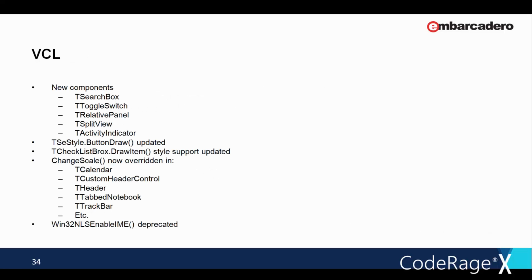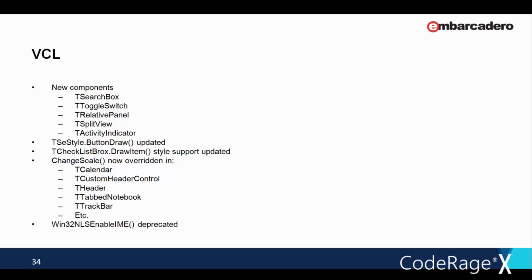For the VCL itself, there are new components that Serena DuPont spoke about in the deep dive. So that was one of the sessions on the deep dive. Search box, toggle switch, relative panel, split view, and activity indicator. The button draw method has been updated. Checklist box draw item style support has been updated.